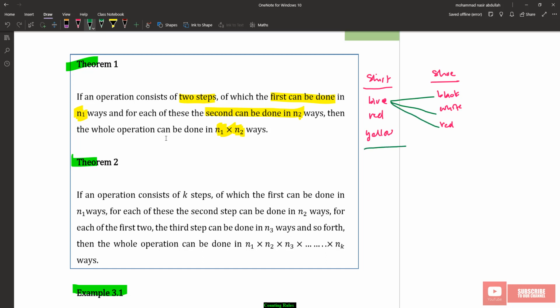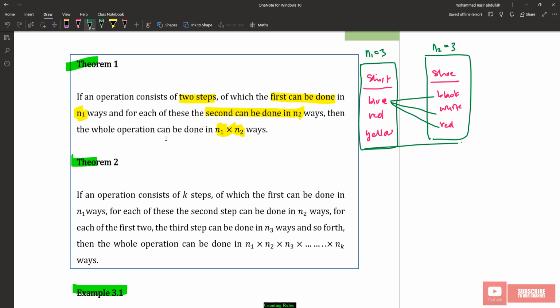So to know how many possible choices you have, for the first step you have n1 equal to 3 alternatives. For the second step, you also have n2 equal to 3 alternatives.